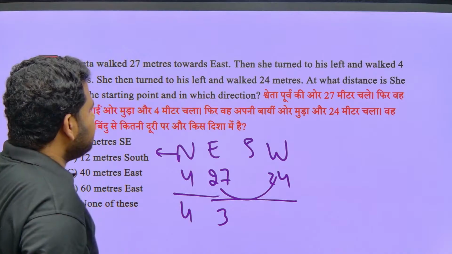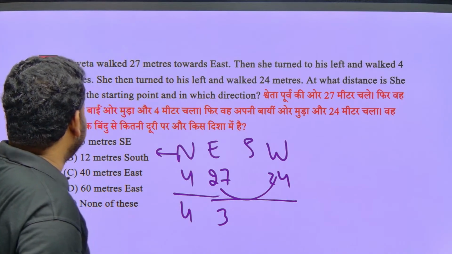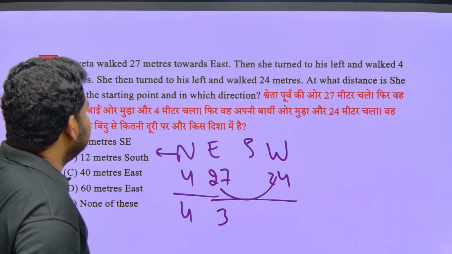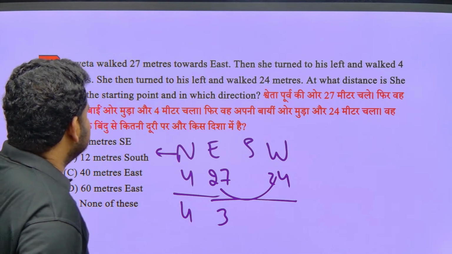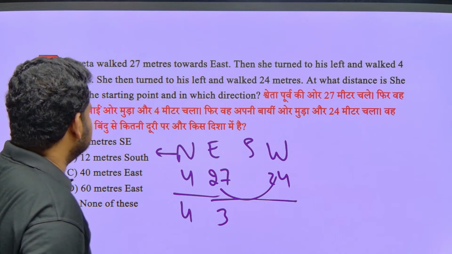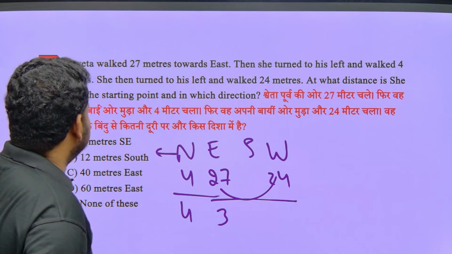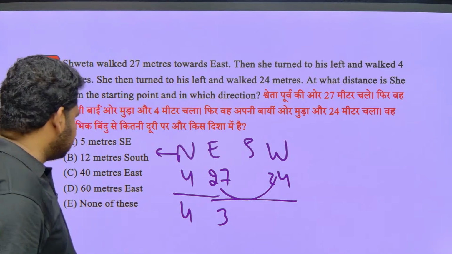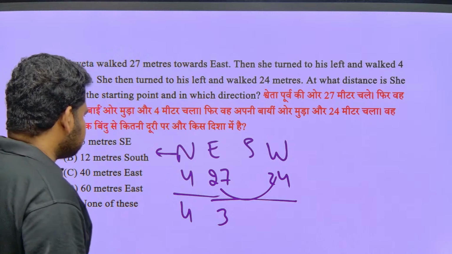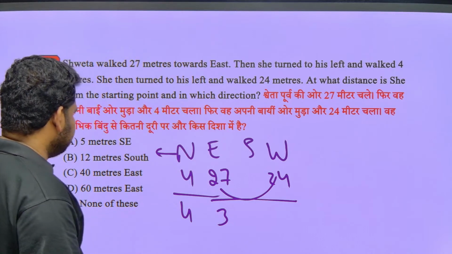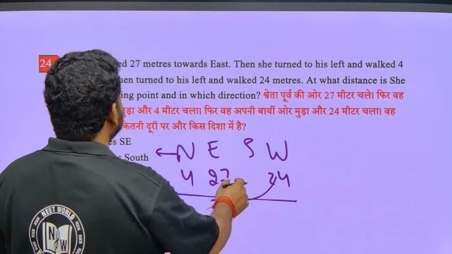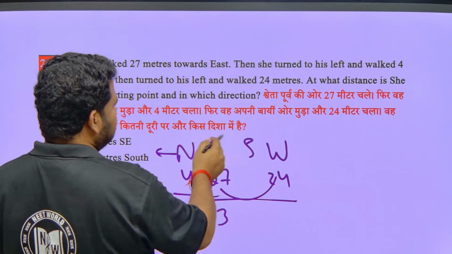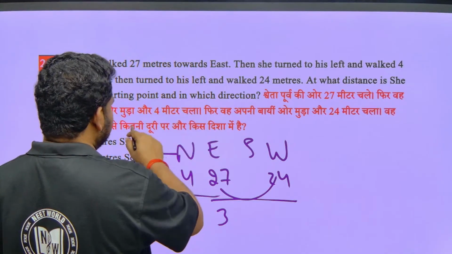They are asking at what distance she is from the starting point and in which direction. She turned to left, means north, and walked 4 meters, then turned to left and walked 24 meters.